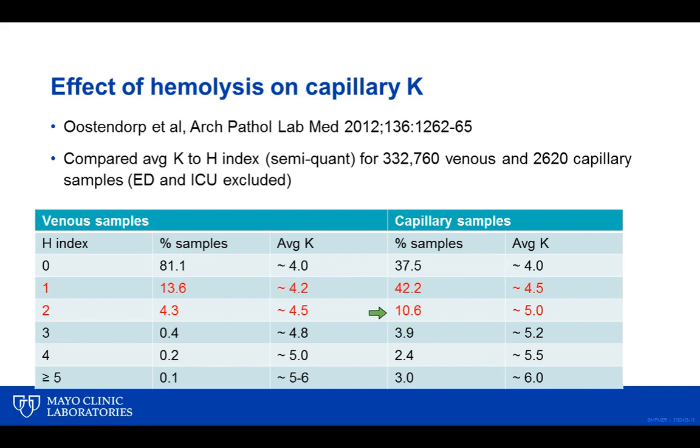And at semi-quantitative hemolysis, 10% of samples had an H index of 2. The potassium was already up to 5 millimolar, quite elevated out of the normal range, compared to only 4.5 in venous. So this is really interesting. It tells us that with the same amount of hemolysis, the potassium will change more in a capillary sample compared to a venous sample.